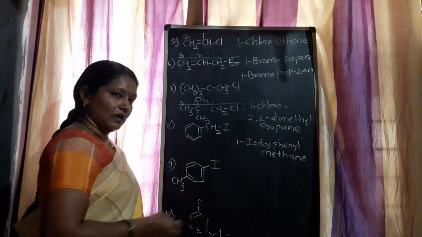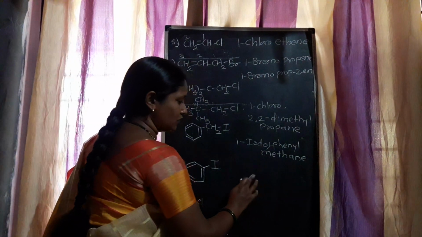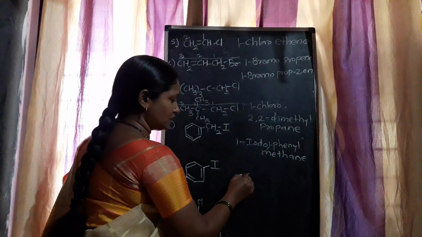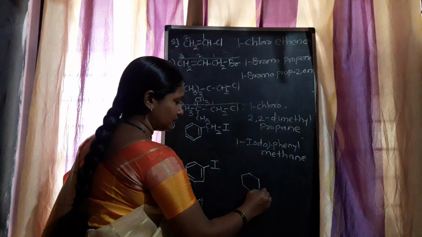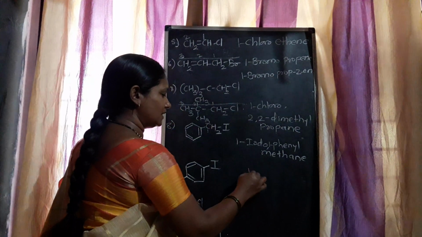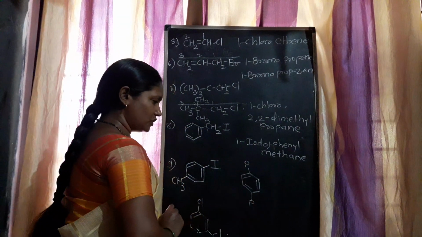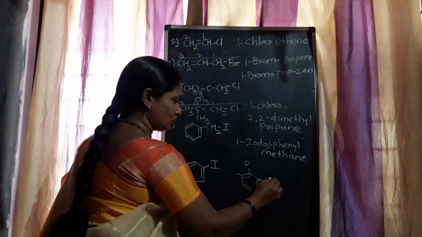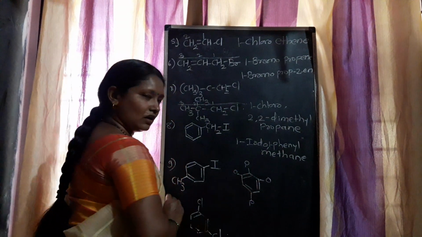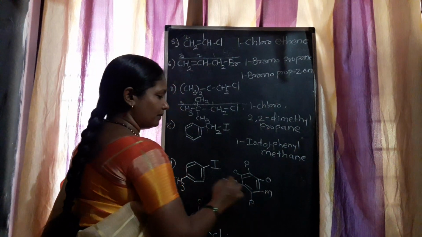Now I can also teach you the positions in the benzene ring. In this benzene ring, these two positions are called para position, these two positions are called ortho position, and these two are called meta position.